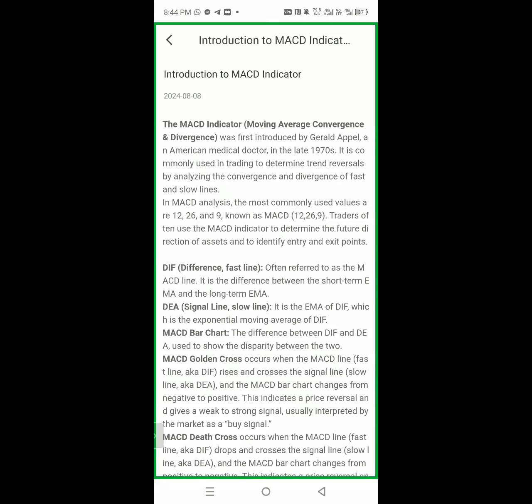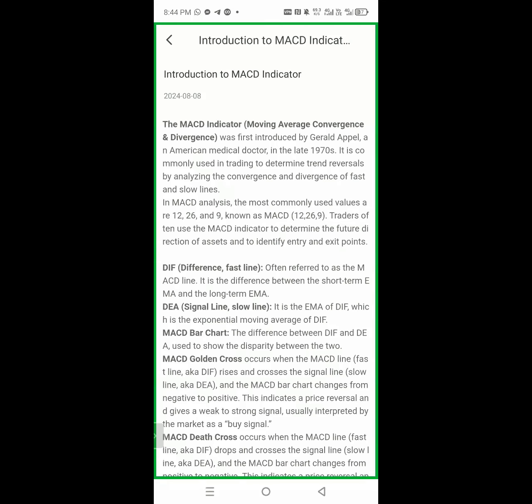But if you are using this MACD, it helps to determine the direction of assets. You understand? That's why you sometimes see those using MACD waiting for the conditions to be met. Once you use MACD, you must make sure that the condition for entry has been met, and we are going to discuss it.